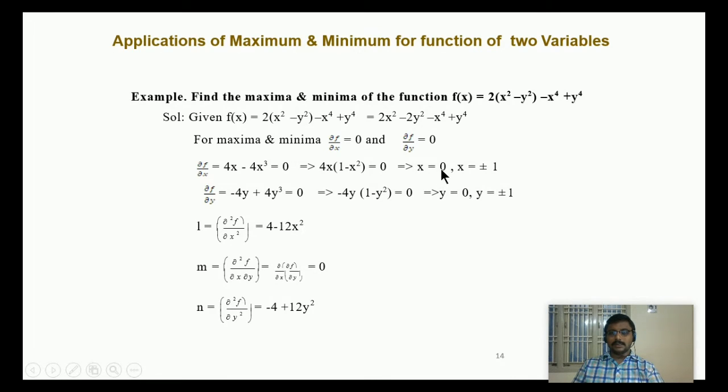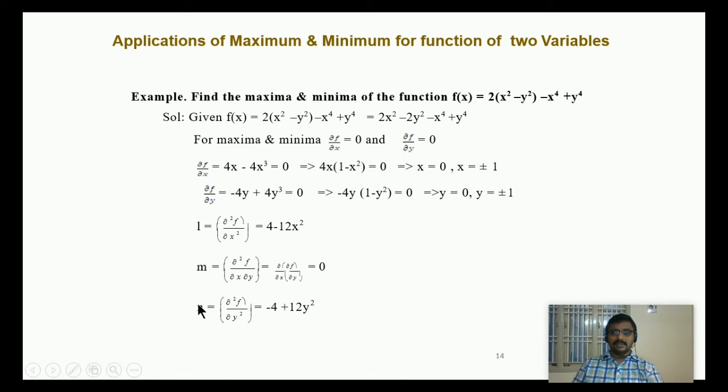The stationary points are (0, 0), (±1, 0), (0, ±1), (±1, ±1). At these points, we have to find out L, M, N. L is ∂²f/∂x², which is obtained by again differentiating ∂f/∂x. 4x derivative 4, minus 4x cube derivative negative 12x square. ∂²f/∂x∂y, which is obtained by differentiating ∂f/∂x with respect to y: 4x derivative 0, negative 4x cube derivative 0.